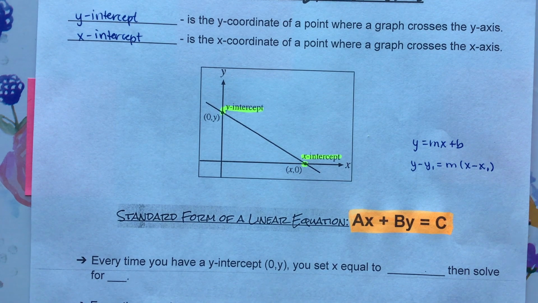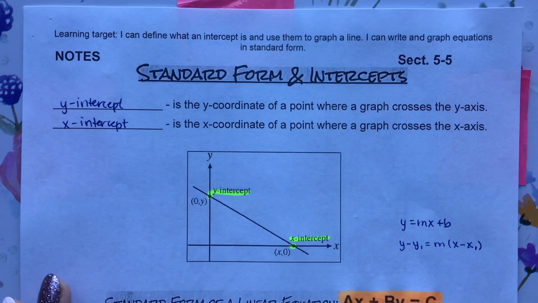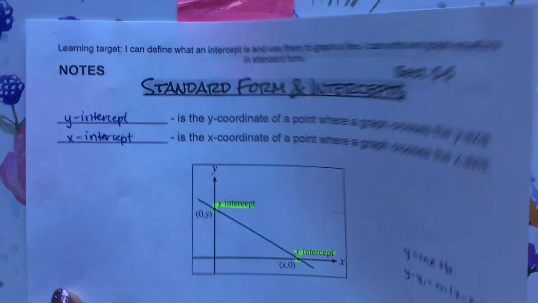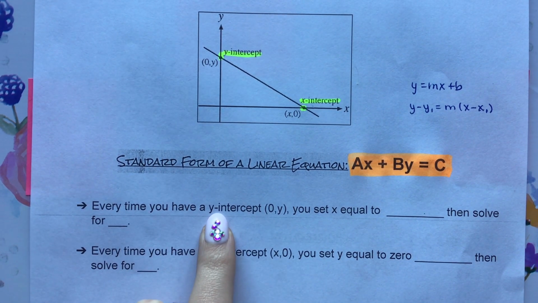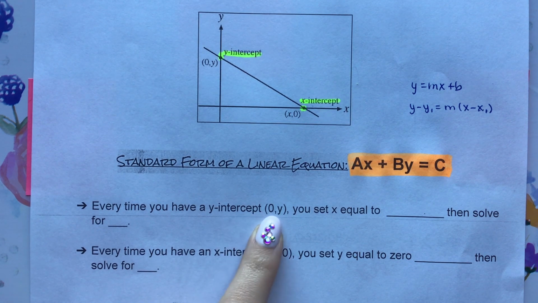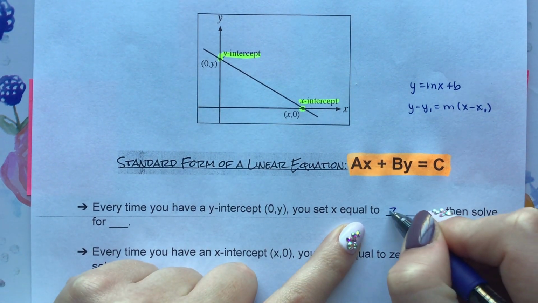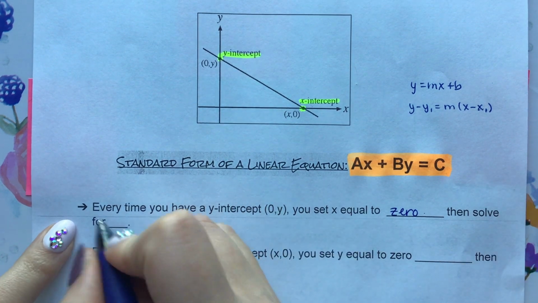Now, how do you know how to calculate an intercept? Well, we're going to use the fact that when something is crossing the x or y axis, one of the x or y values is going to be 0. So every time you have a y-intercept, so (0, y) would be the point, you set x equal to 0, then you solve for y.